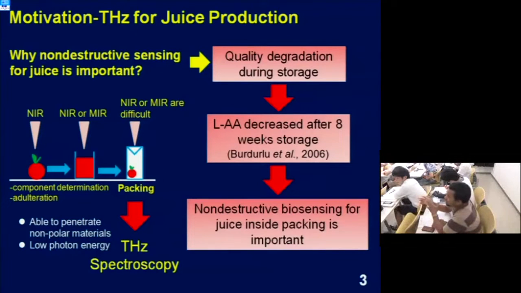As mentioned by Suzuki-san, directly after packing will not be so necessary, but in the supply chain we will need to evaluate to benefit the customer, and then your system will benefit the customer and also the producer. So total quality management can be established.